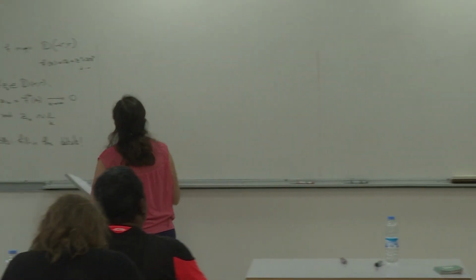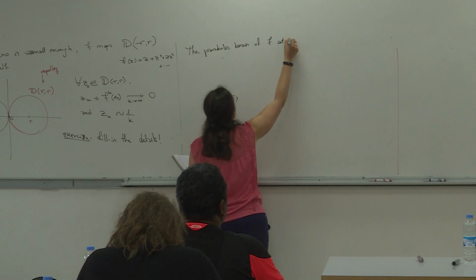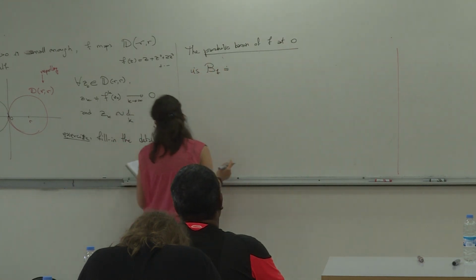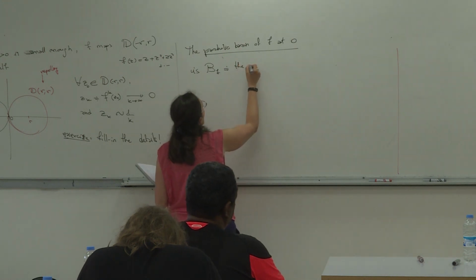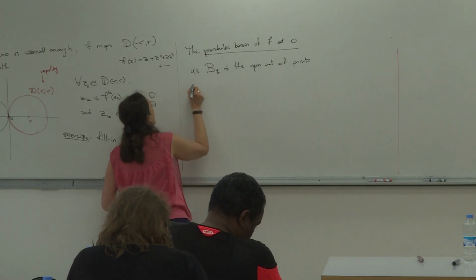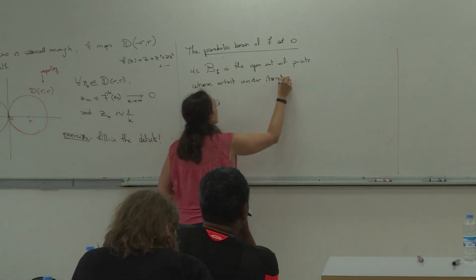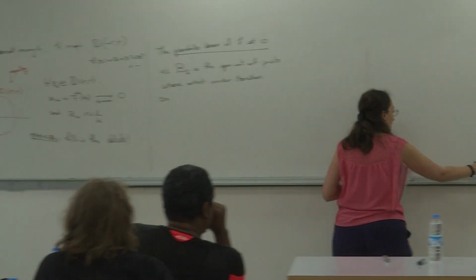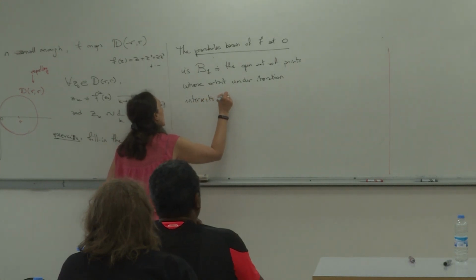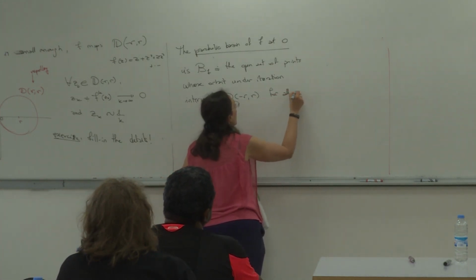The parabolic basin of f at 0 is the open set of points whose orbit under iteration lands in, intersect, this disk that I fix, for all r greater than 0.